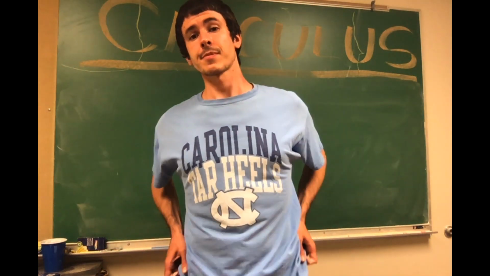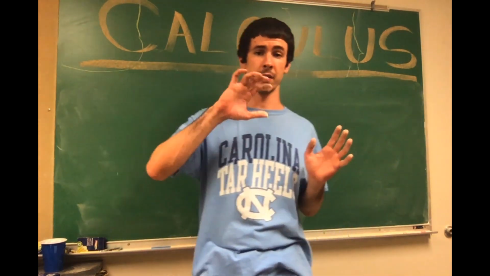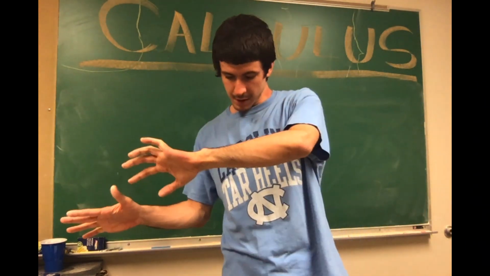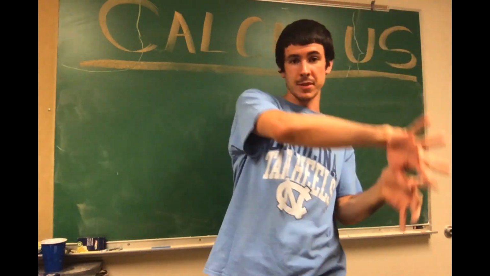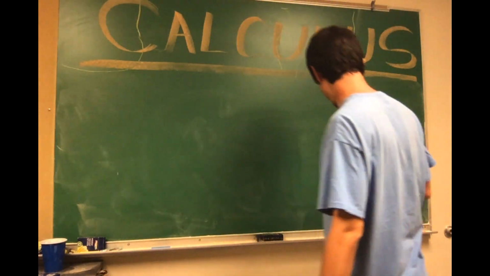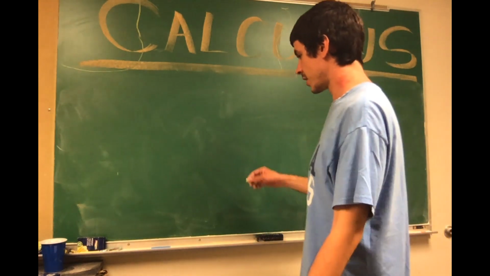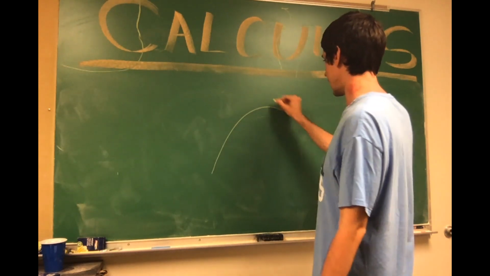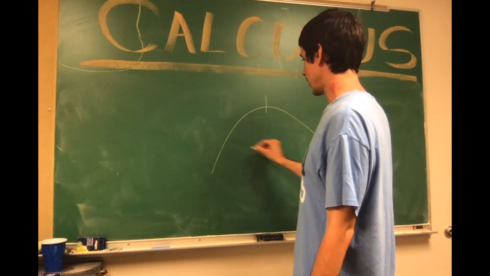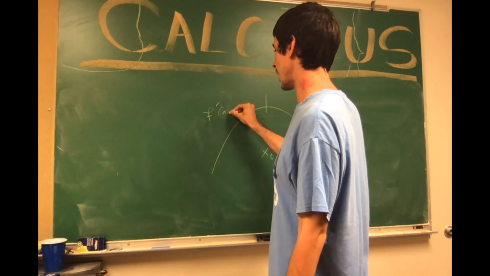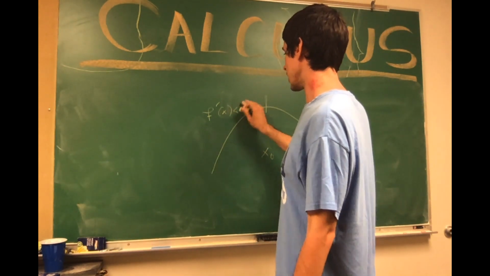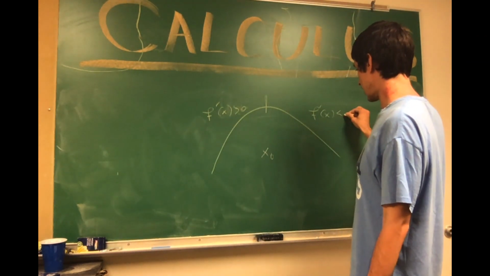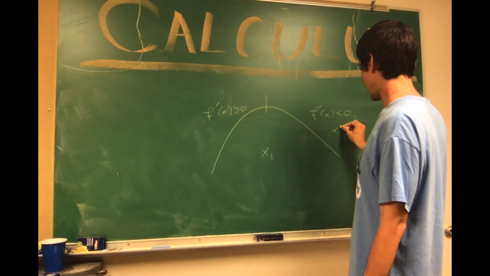So a maximum occurs when the derivative is positive, and then it zeroes out and then becomes negative. So picture again, f prime of x is greater than 0 over here, and then f prime of x is less than 0 for x greater than x0.